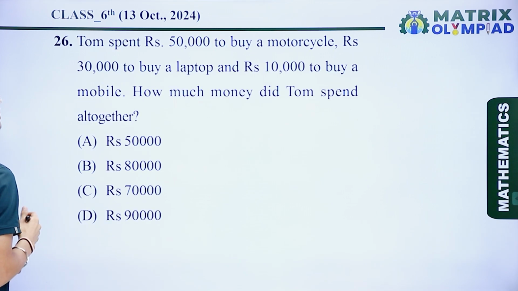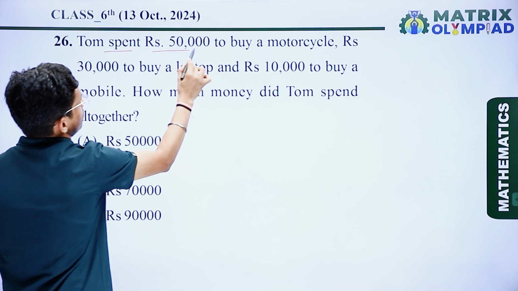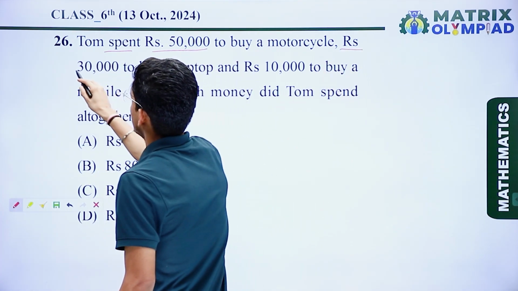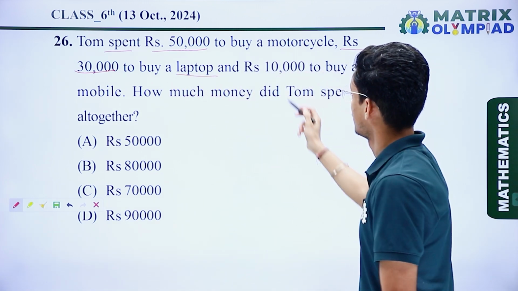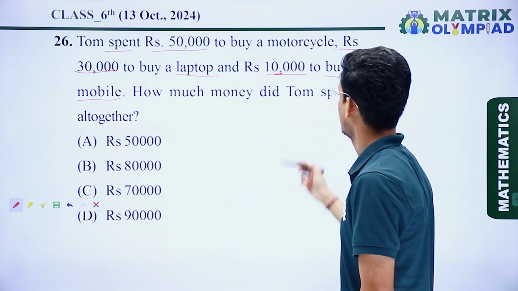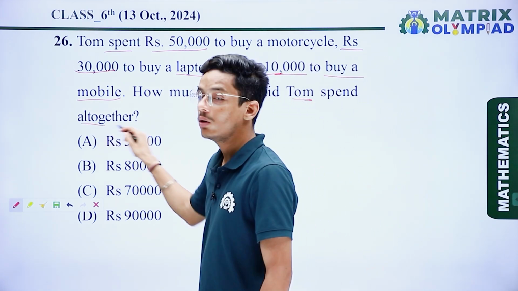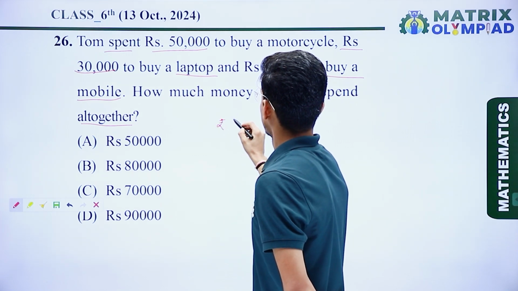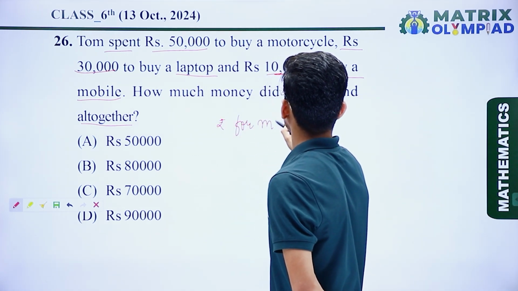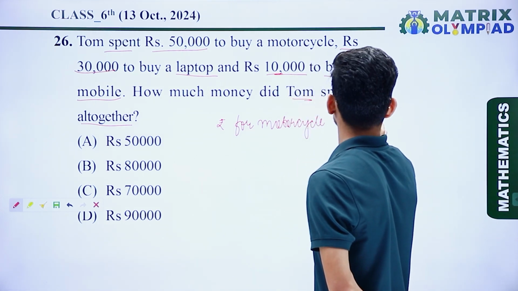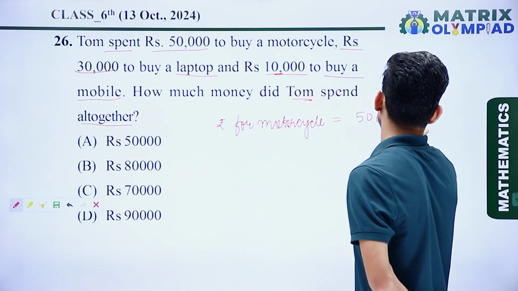So now if I talk about the next question, that is Tom spends rupees 50,000 to buy a motorcycle and rupees 30,000 to buy a laptop and rupees 10,000 to buy a mobile. So how much money did Tom spend altogether? So here I can say that rupees for the motorcycle, that is 50,000.